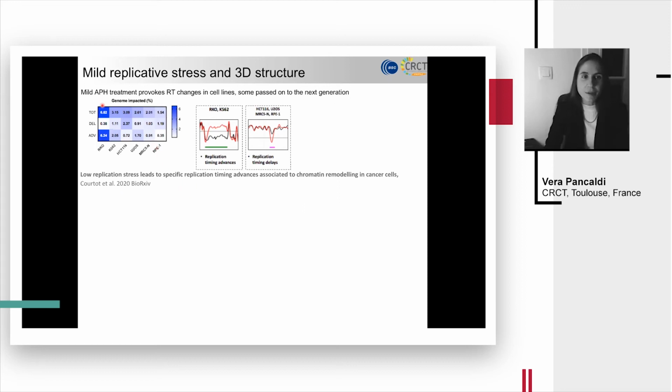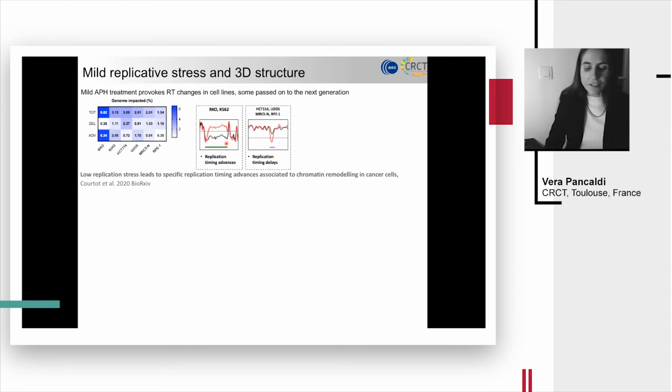They used mild APH treatment to provoke replication timing changes across some cell lines. And they were definitely able to see some regions being delayed and even some regions being advanced in their replication timing, which was quite surprising. These changes in replication timing can span very different sized regions. Normally they're quite big regions, especially for delays, and in fact there are different sizes for delays and advances.